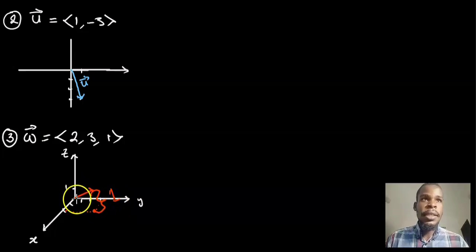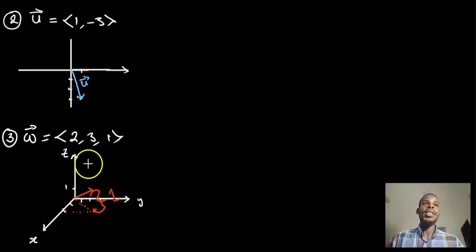So it lies directly above this plane from this origin to this point, but it is above it by 1 unit, right? So if you cast a shadow directly above this line segment, the shadow will be from 0 to this point on the xy plane. That's the shadow cast upon this xy plane, but the vector is not exactly on the plane. It is 1 unit above it. That is, it comes up like that.